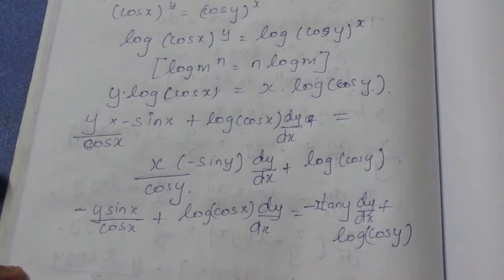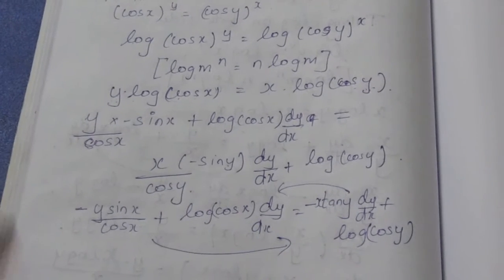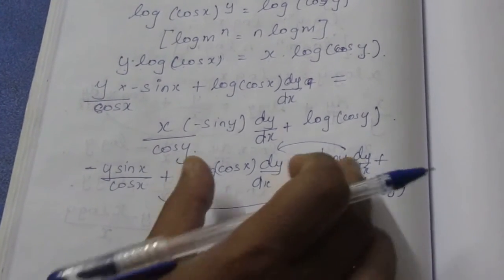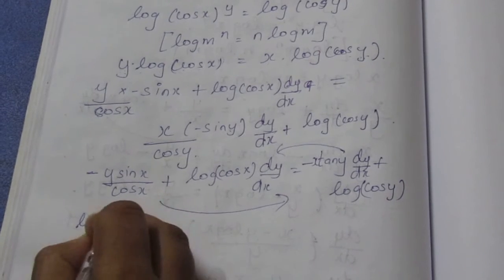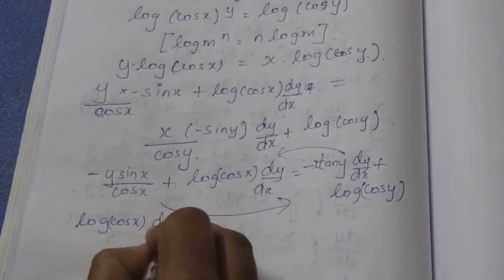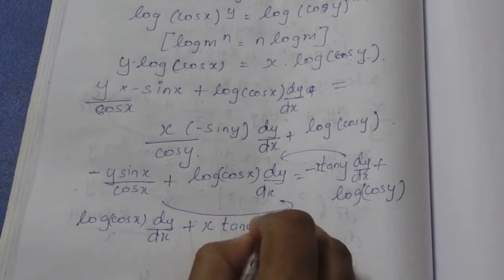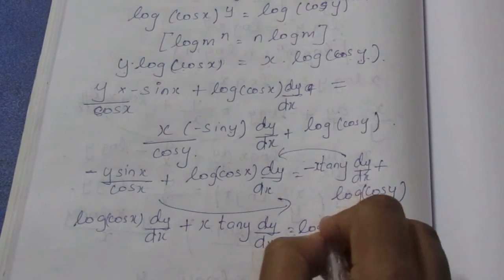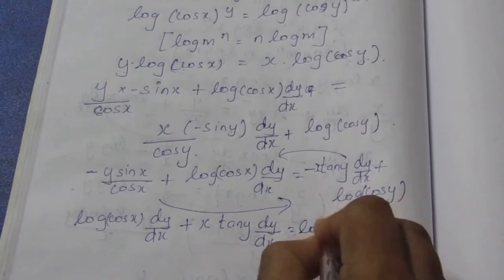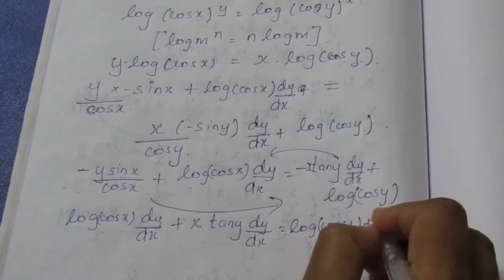As we want dy by dx, bring dy by dx to this side and this term to the right hand side. Now here it becomes log cos x dy by dx. This comes as plus, so plus x tan y dy by dx is equal to, here it becomes log cos y, here it becomes plus y tan x.